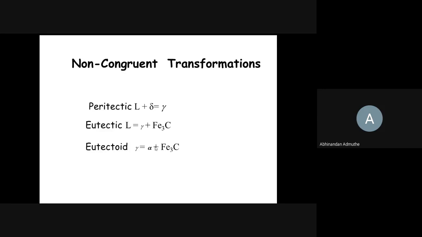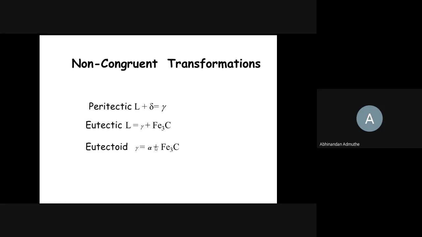First of all, we will discuss non-congruent transformations. As we already discussed in the previous lecture, there is a change in chemistry and a change in the number of phases present due to this kind of transformation. The first is the peritectic transformation, a high temperature transformation where liquid plus delta transforms into gamma.